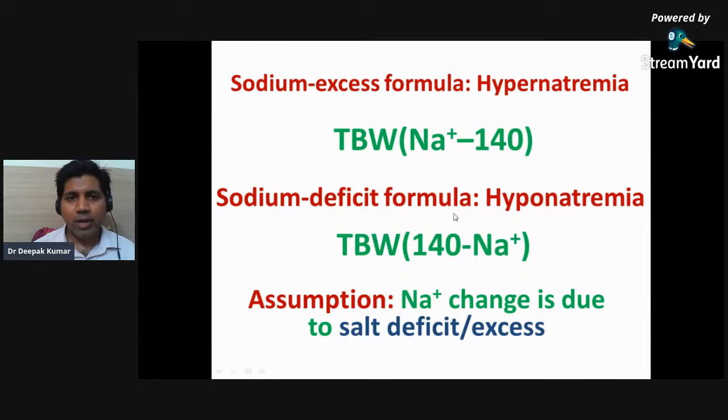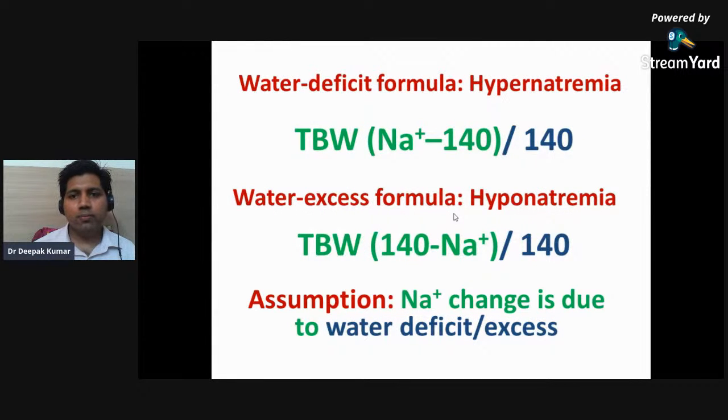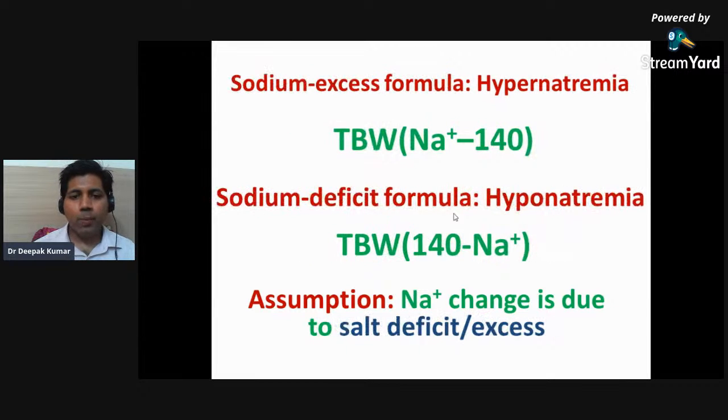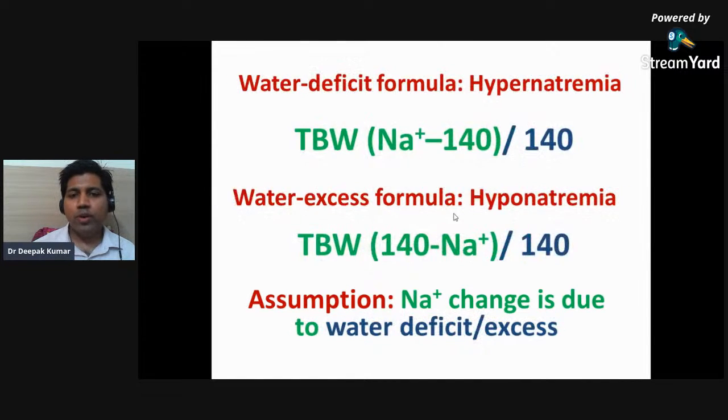But in hypernatremia, to calculate the water deficit, you just have to divide it by 140. Rest everything is the same. The same way in hyponatremia, when you're calculating sodium deficit, it is total body water into 140 minus sodium. But in hyponatremia, again, if you want to calculate how much is water excess, you just have to divide it by 140 again.